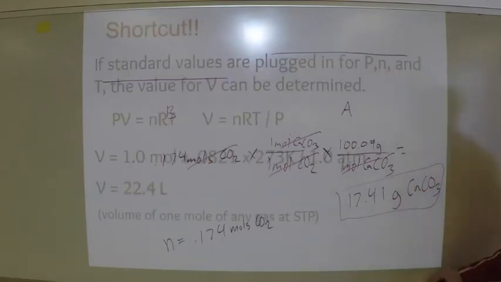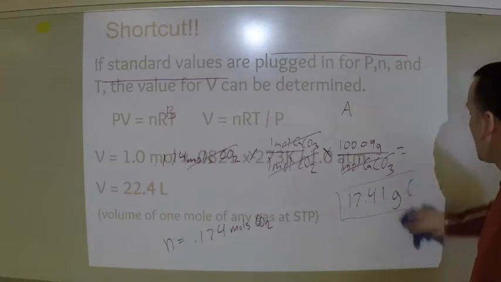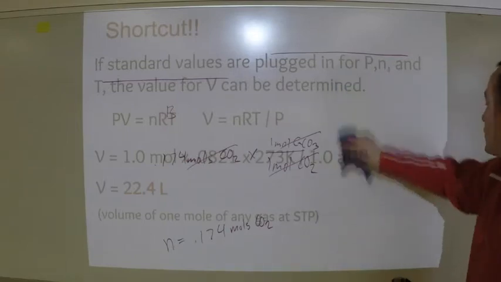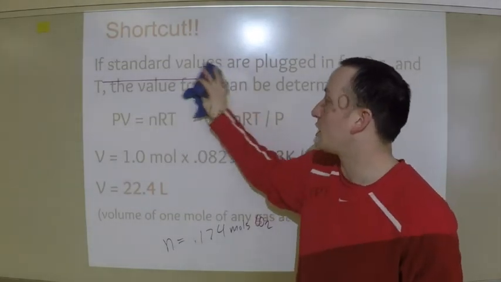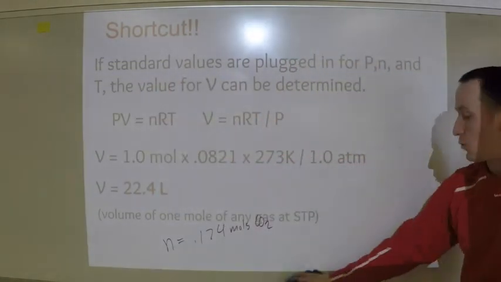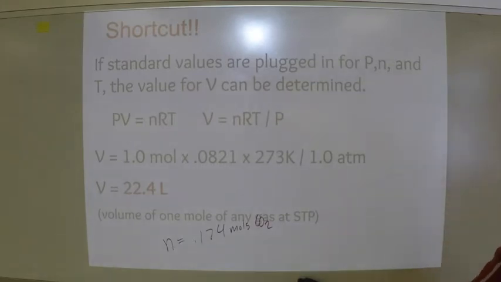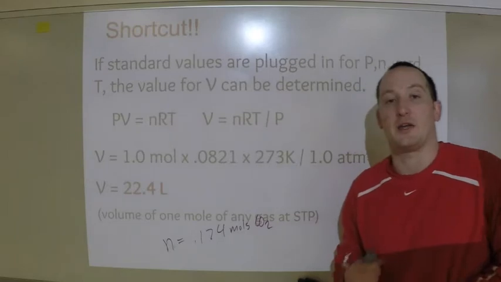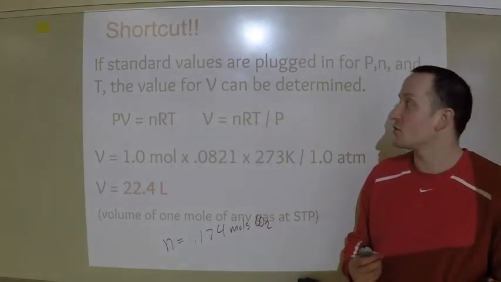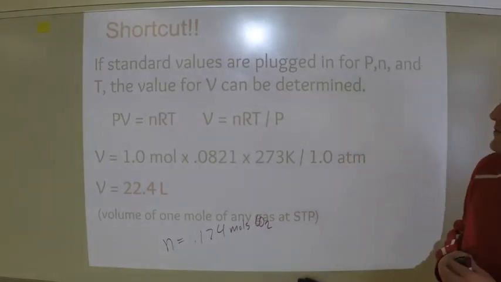So, things to review real quick. Remember that shortcut that we have been using. Here's why that shortcut works. Remember when in previous units we could convert directly from volume to moles by using that 22.4 liters conversion? Here's why that works.